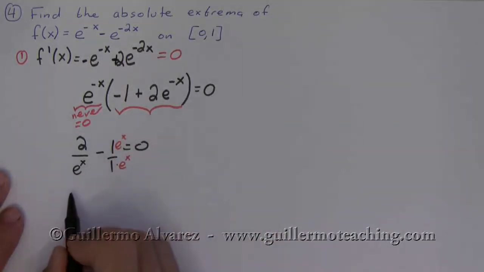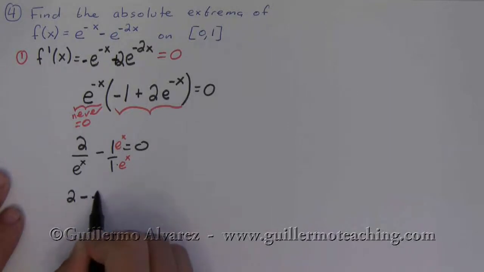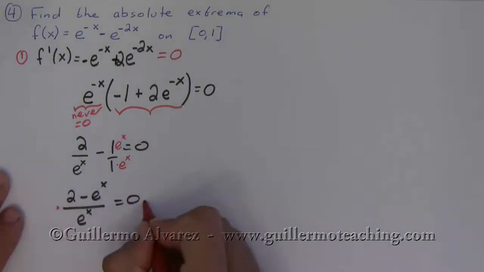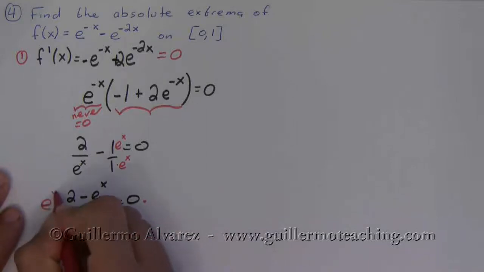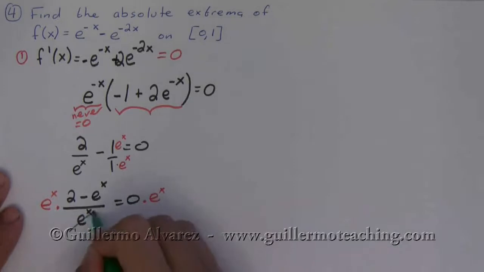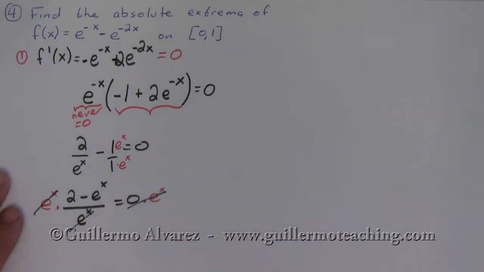So really this equals 2 minus e to the x all over e to the x is equal to 0. And since e to the x is never equal to 0, I can multiply both sides by it. And so they'll cancel here, and this right side is going to equal 0.